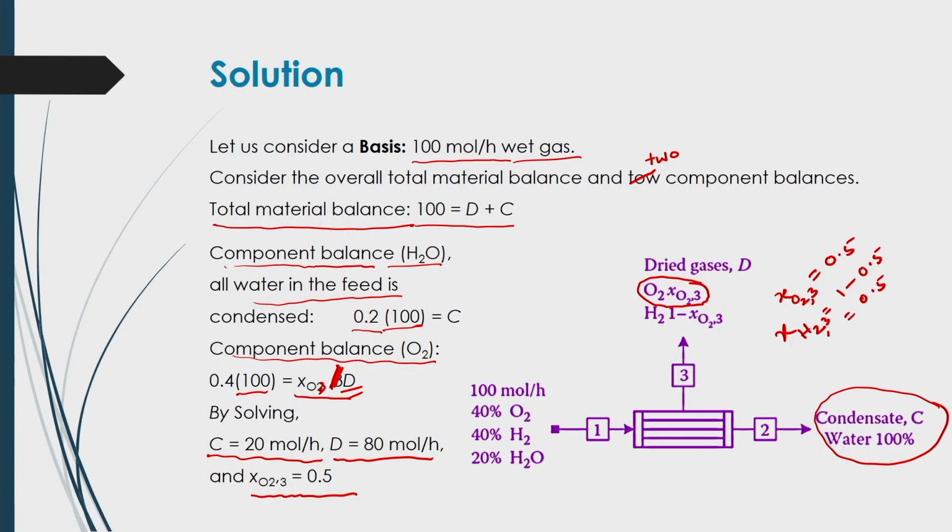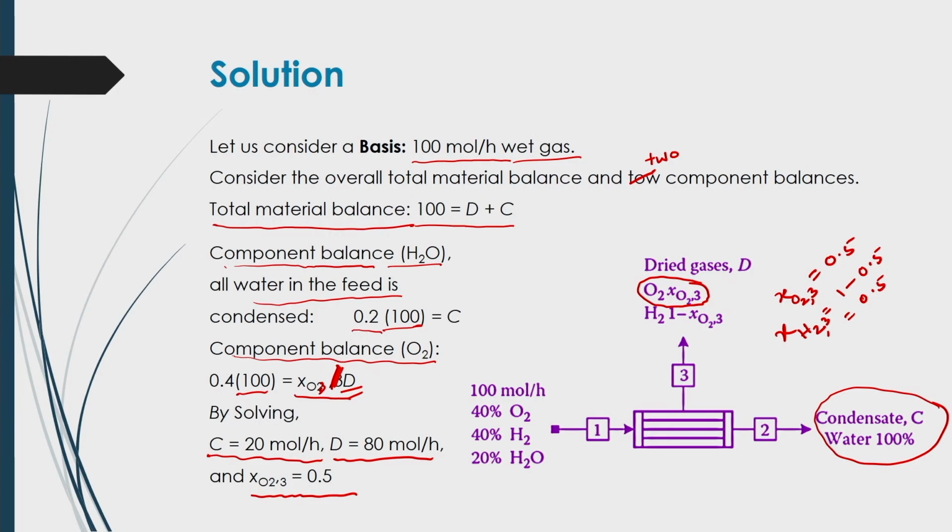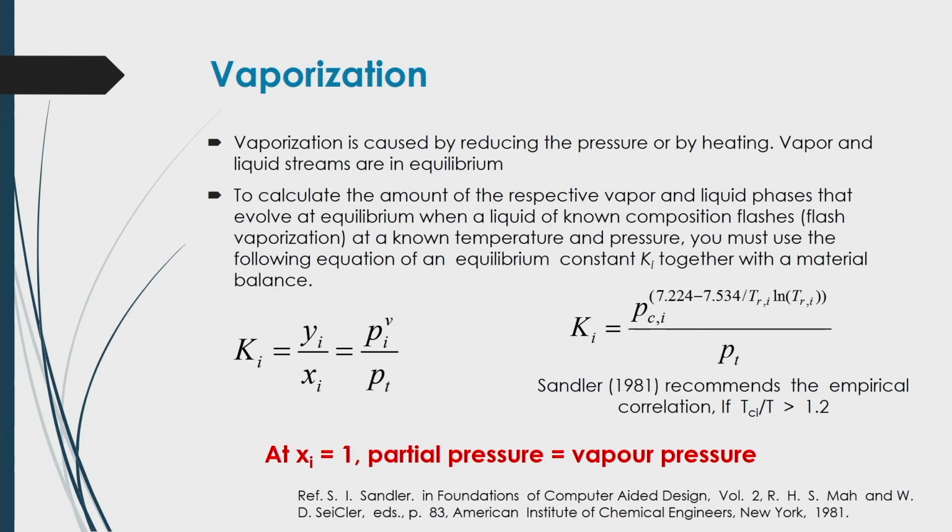So, the dry gas, of course, the amount D, 80 mole per hour, will contain 50% oxygen and 50% hydrogen. In this way you can do the total material balance and also the component material balance, and how much water will be condensed, you can get from this material balance.